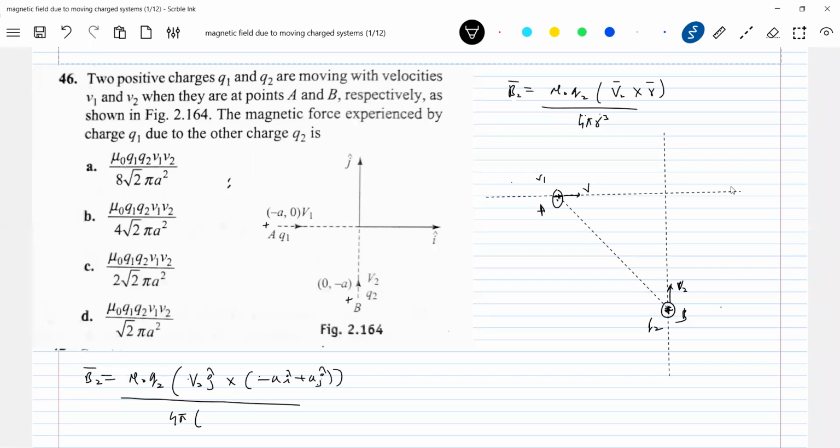How much will it be? R will be root of A square plus A square, which is A root 2. So A cube times 2 to the power 3 by 2, or 2 root 2. This much is there, so we'll take the cross product of this.